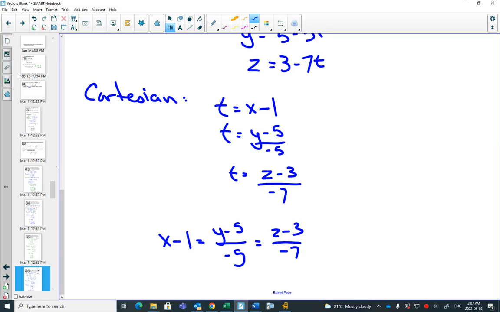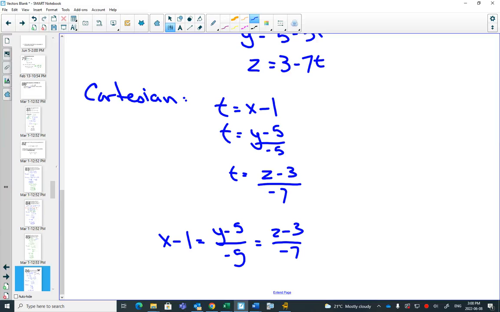Okay? But from this, when x is 0, can you see that y has to be 10? When x is 0, y has to be 10.